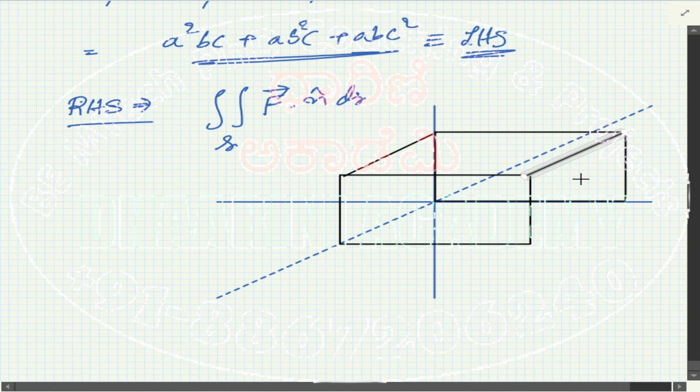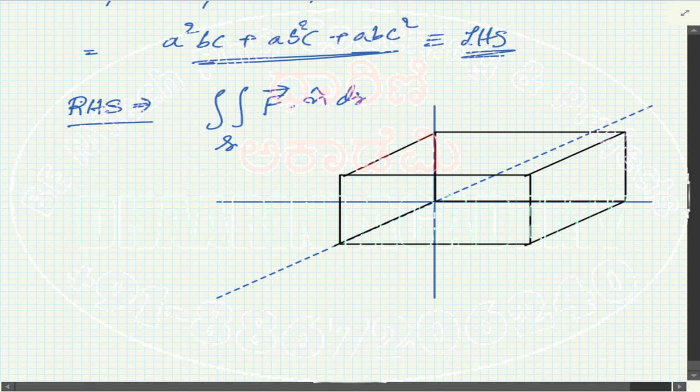Then another line should connect these 2 lines. Then the fourth line connects the last 2 points. So this is the parallelepiped which we were looking at.